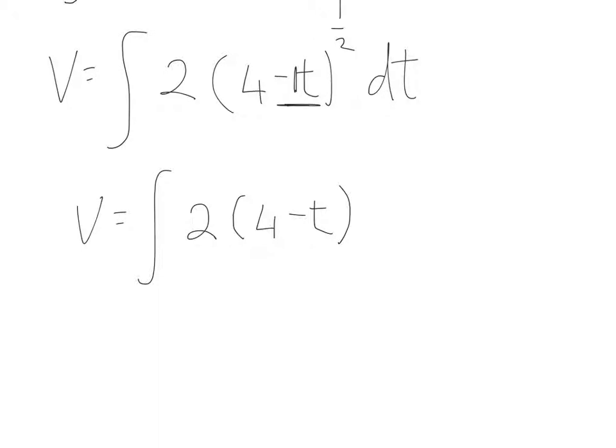So 1/2 plus 1 is 1/2 plus 2/2, that's 3/2. I then divide that by my new power, which is 3/2, multiplied by minus 1, which is the coefficient of t, plus my constant of integration.